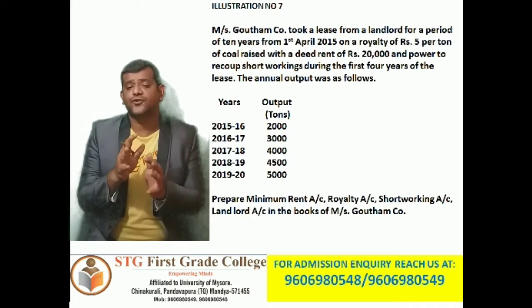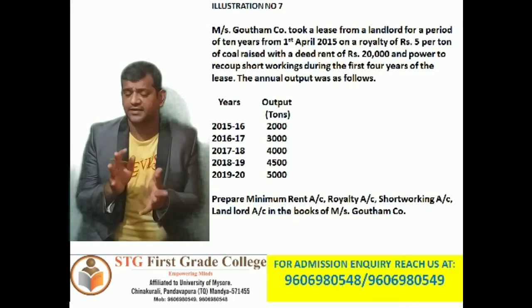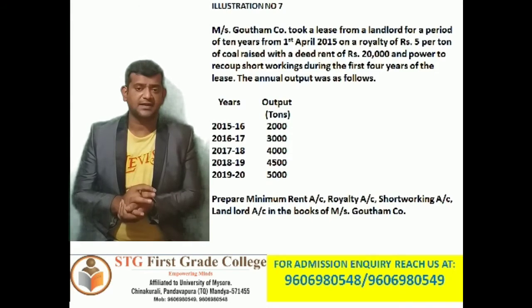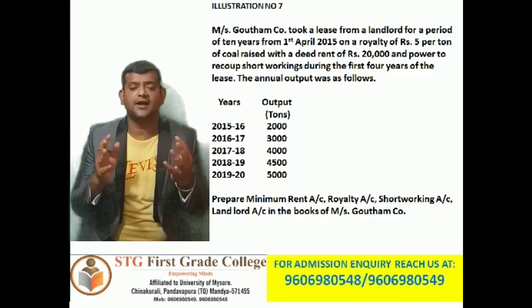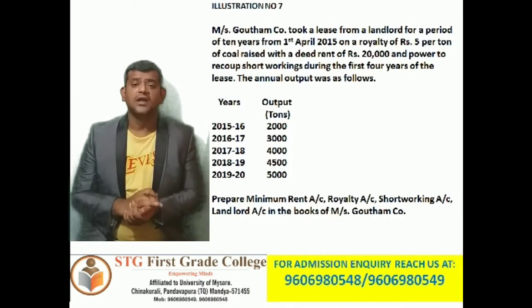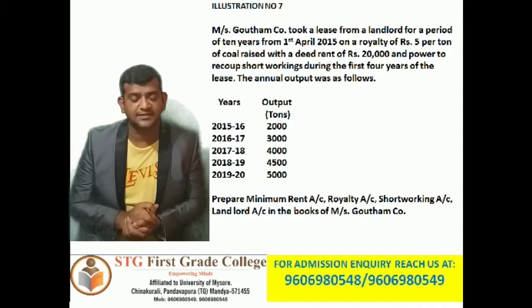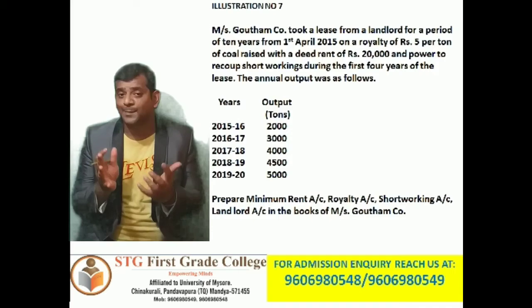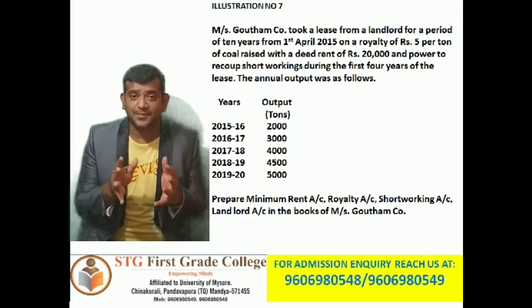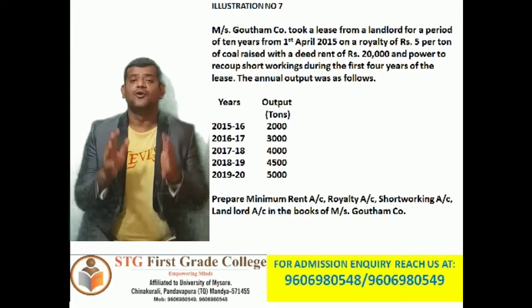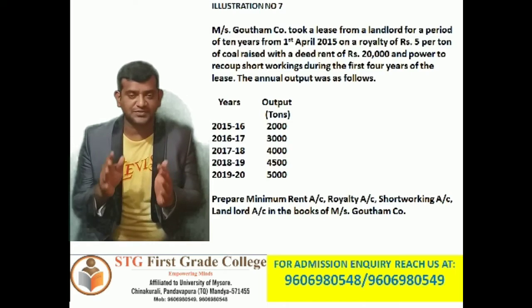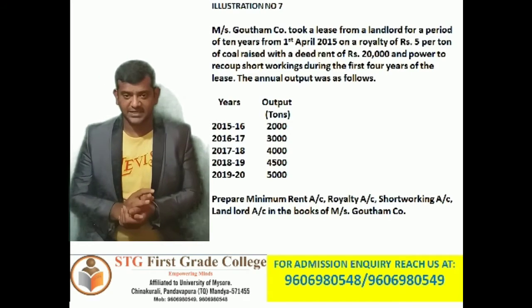Before going to the solution part, that is the ledger accounts like minimum rent account and short working account, we are supposed to prepare an analytical table, which gives us complete information, a complete solution, where we can directly post the amount to the respective ledger account.